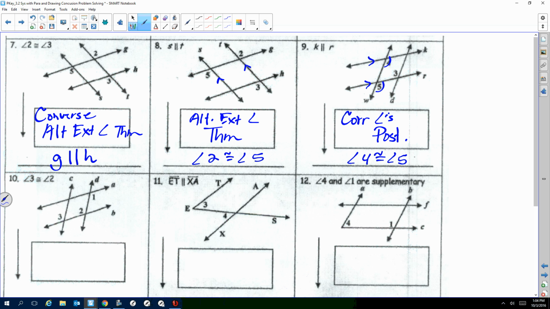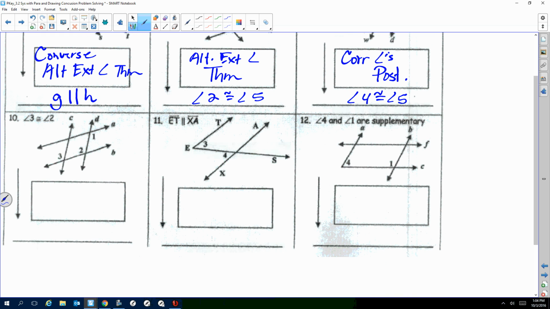They're both on the same side of the transversal and below the lines in the same position. 10, if I tell you 2 and 3 are congruent, then you should have that C and D are parallel using the converse of corresponding angles postulate.